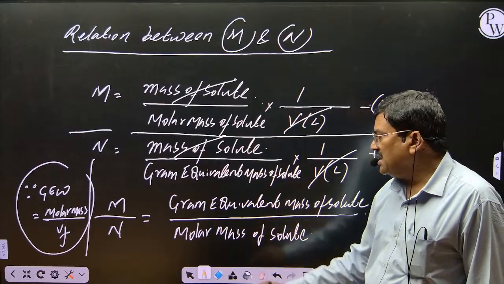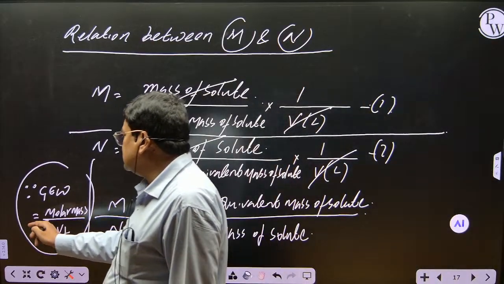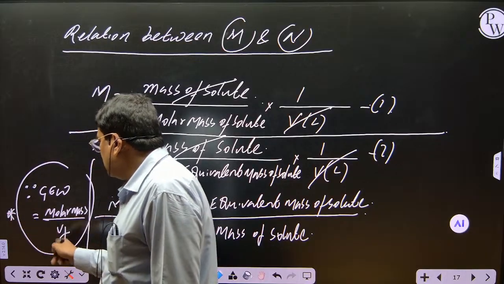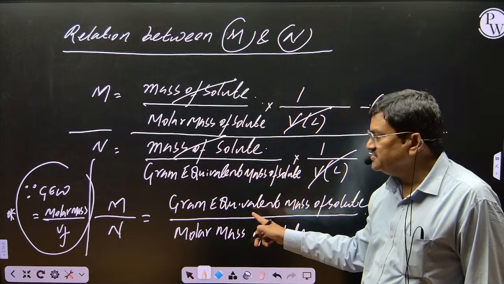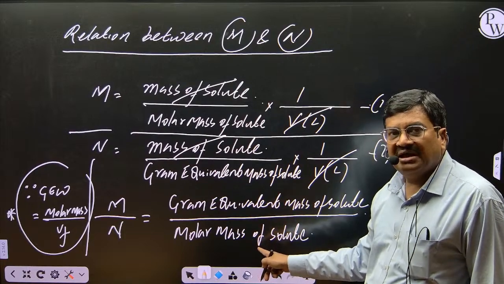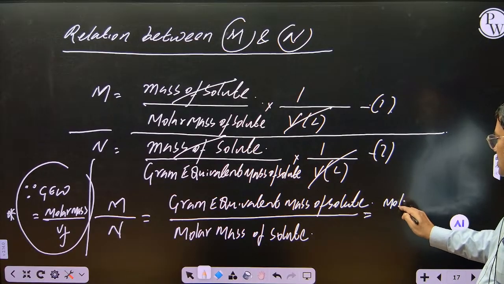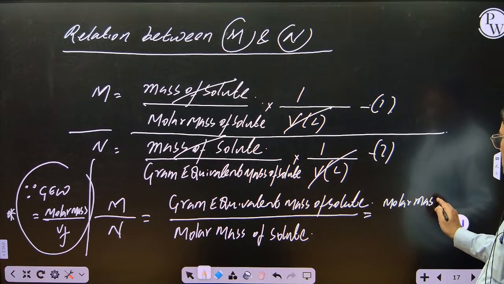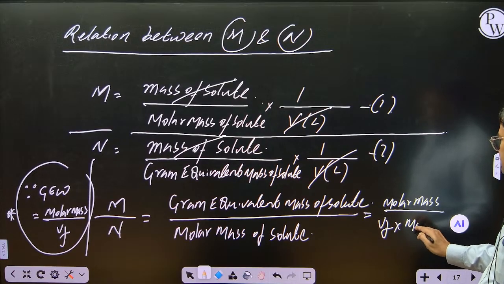Molar mass by valency factor. Copy this relation. Since gram equivalent mass is equal to molar mass by valency factor, I am writing here molar mass by valency factor into molar mass.